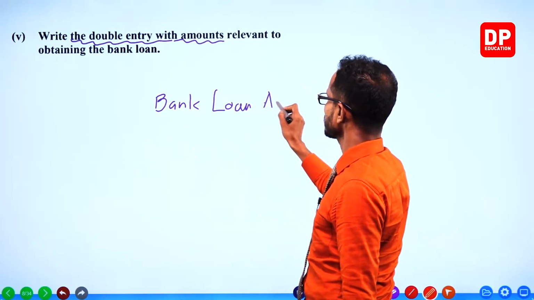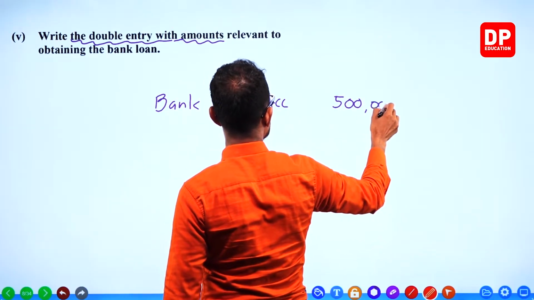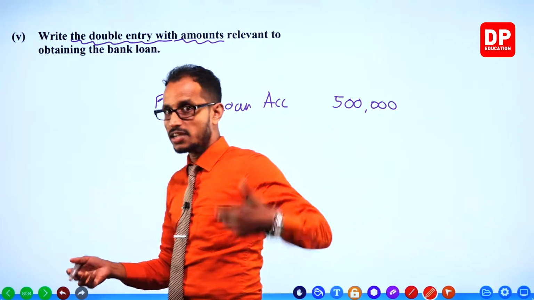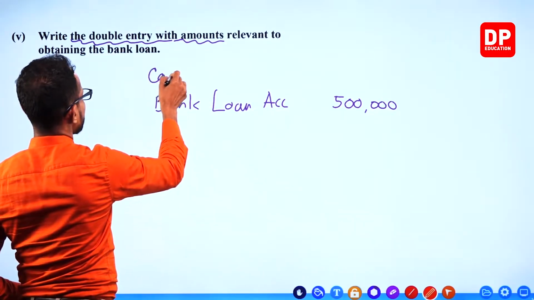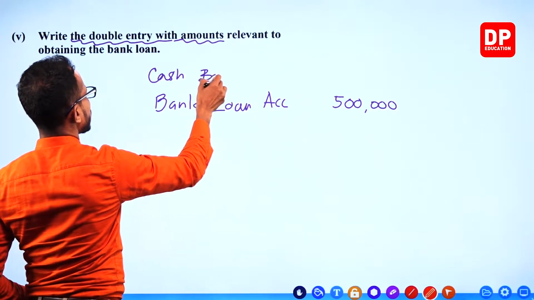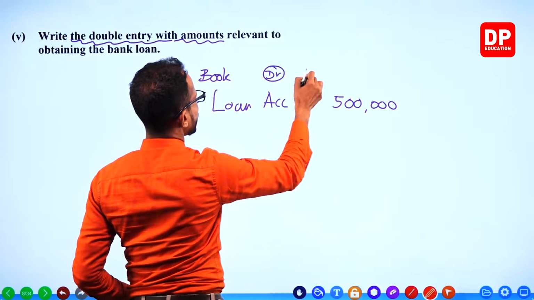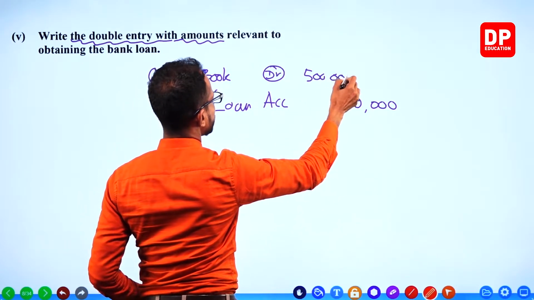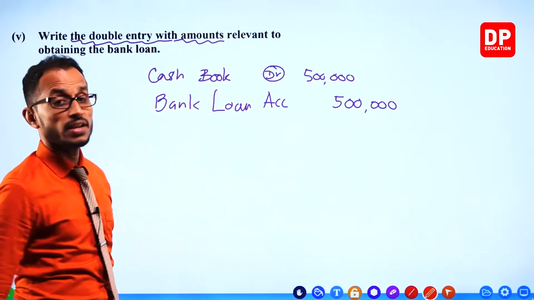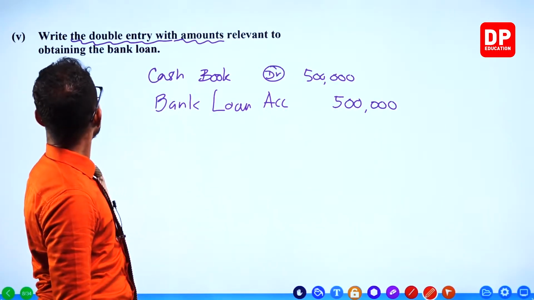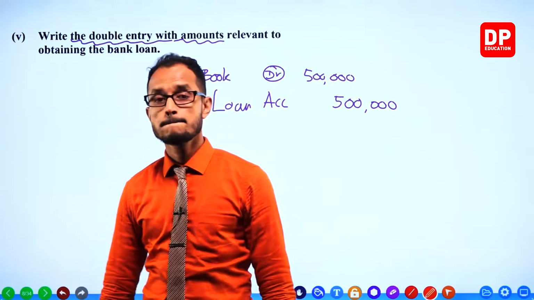Bank loan account is the credit, 500,000. He took cash. Cash increased. So cash book, debit, 500,000. This is the double entry for obtaining the bank loan.